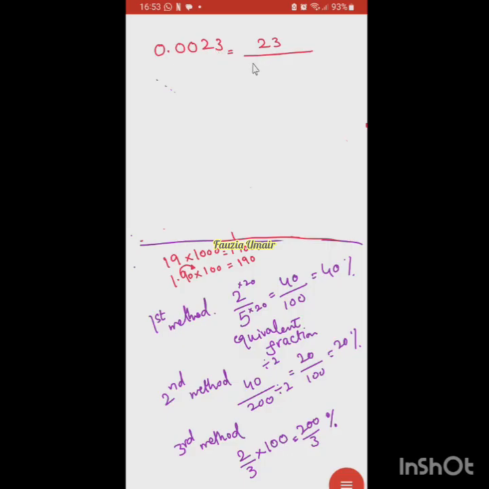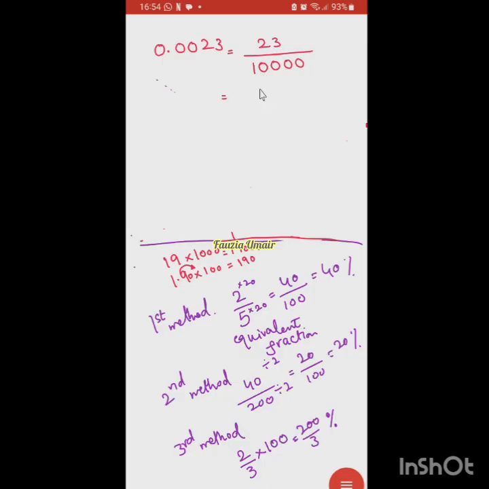Ma'am, how many zeros? Two zeros. No, there are four digits after the decimal, so there would be four zeros. We need to count the number of digits after the decimal. That's right. There are four digits, so we will put four zeros in the denominator.